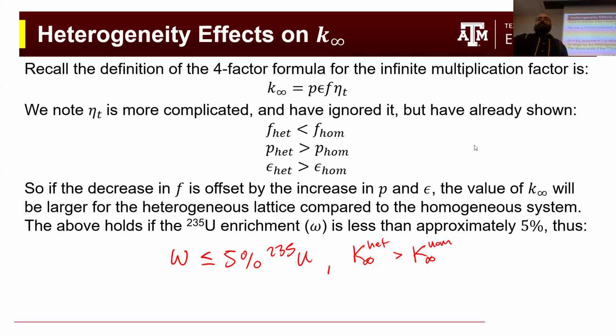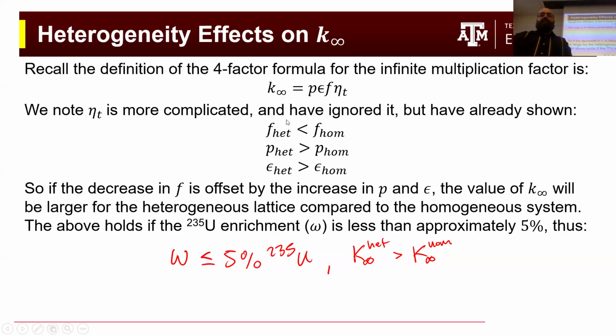And that's basically just following what we had said here, that if P and epsilon are higher for the heterogeneous system than F, which is larger in the homogeneous system, that means that overall K infinity for the hetero system is going to be larger than K infinity for the homogeneous system, as long as our enrichments are below 5%.